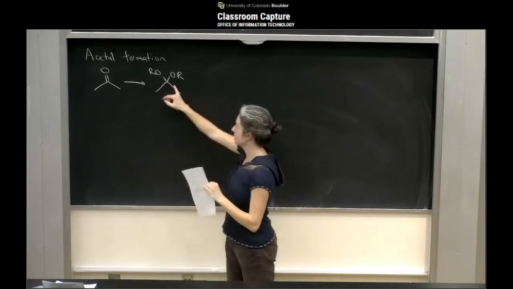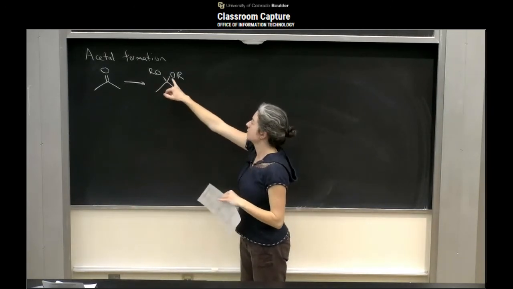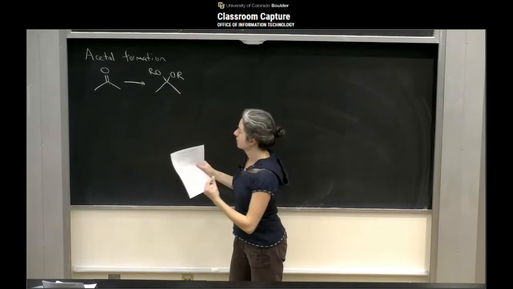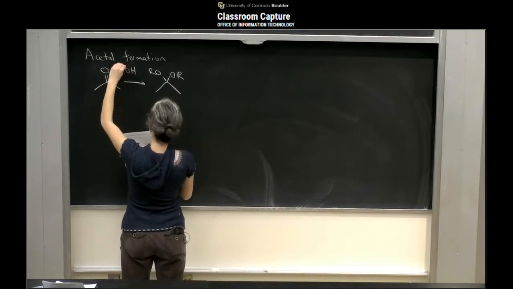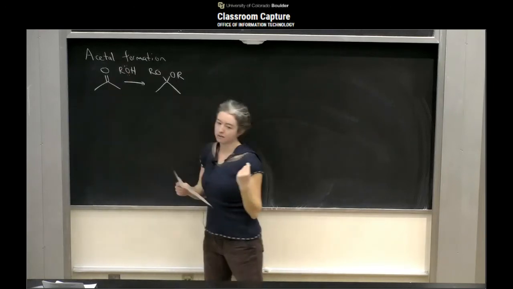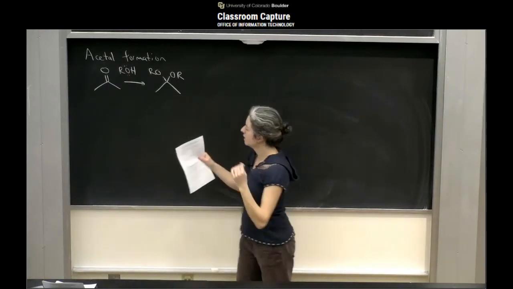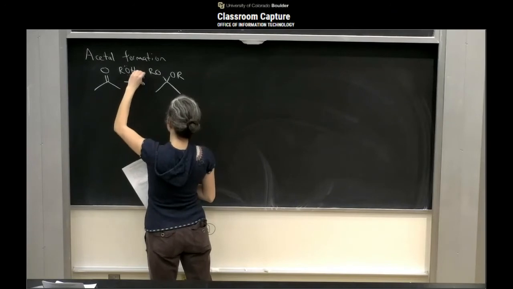So if you want to make as much of this as you can in this equilibrium reaction, you want as much ROH as you can around. So basically use alcohol as a solvent traditionally is how this is done. And then you want a little bit of acid around for a catalyst.